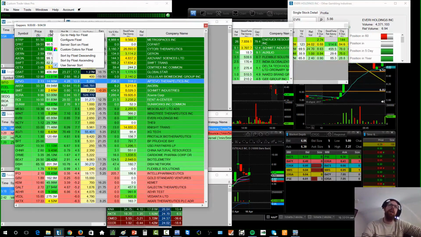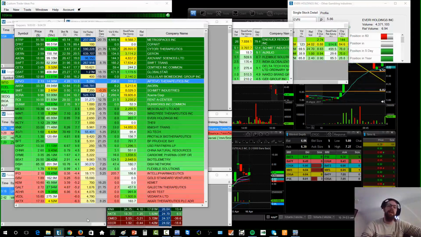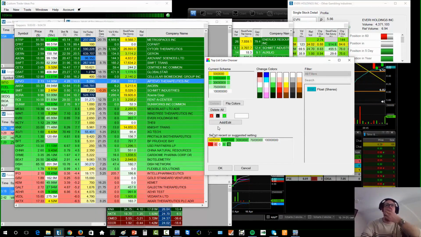So the float column, to color a specific column, you right-click the header, and then you go to Custom Colors for Float. And now this will bring up a window here where I can sort my colors. So I like to use yellow as the one to catch my attention. I use that consistently on all my scanners. Green is good. White is basically I don't care.